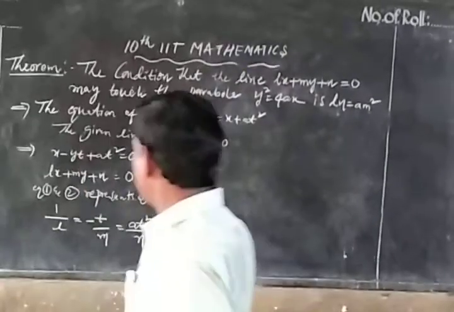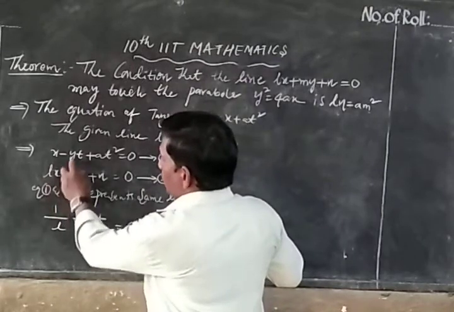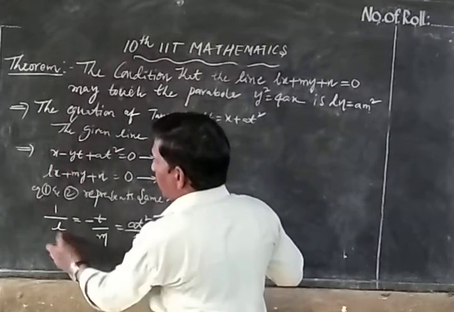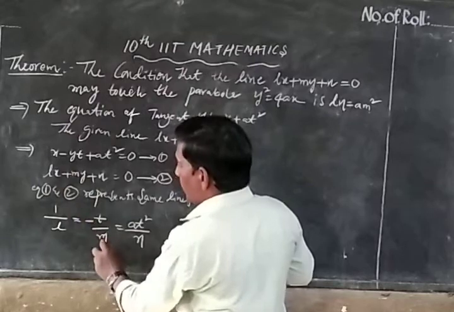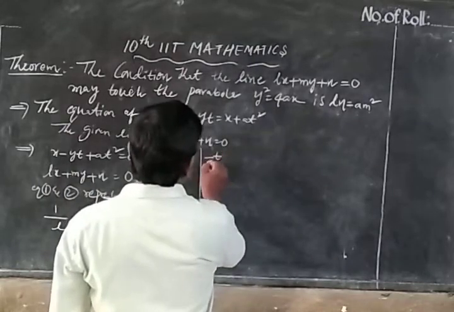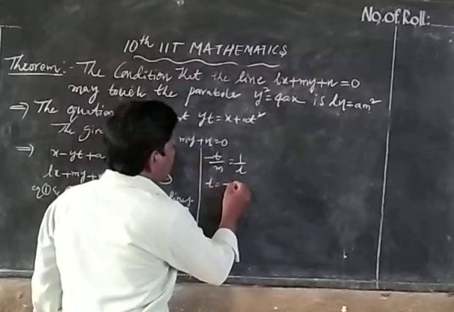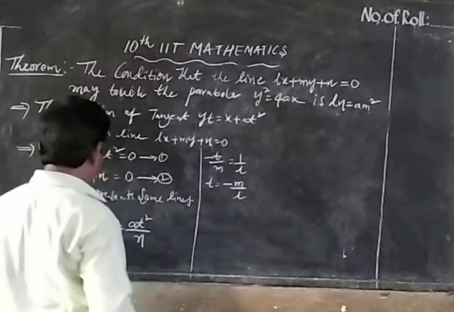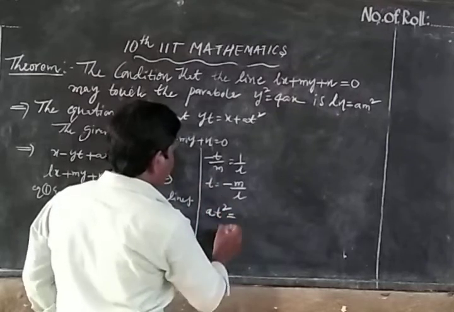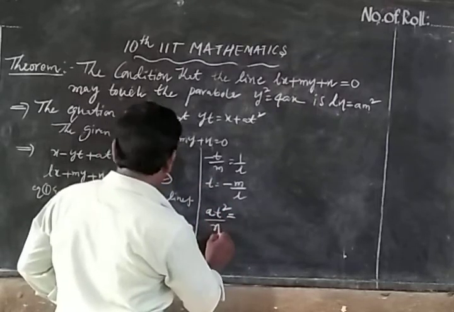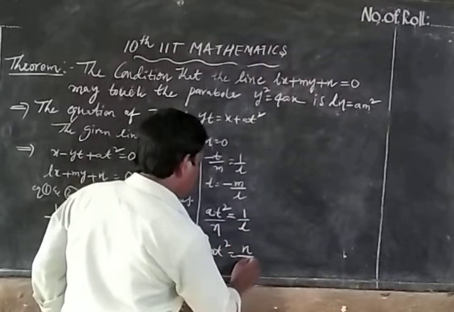Here 1 by l equal to minus t by m. So minus t by m equal to 1 by l, that means t equal to minus m by l. Again at square by n equal to 1 by l, so at square equal to n by l.